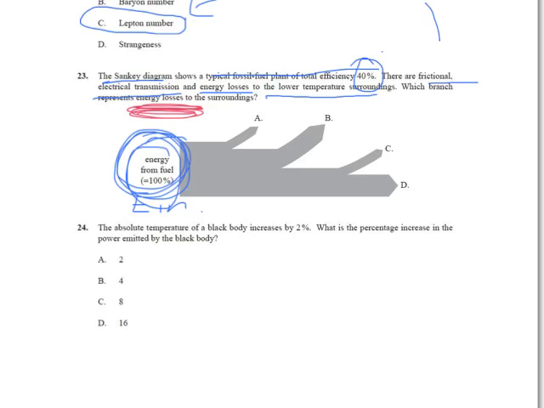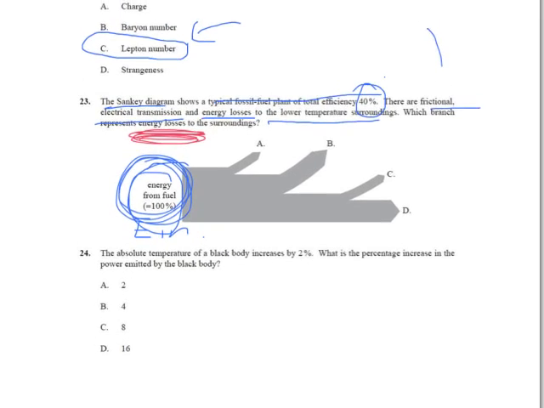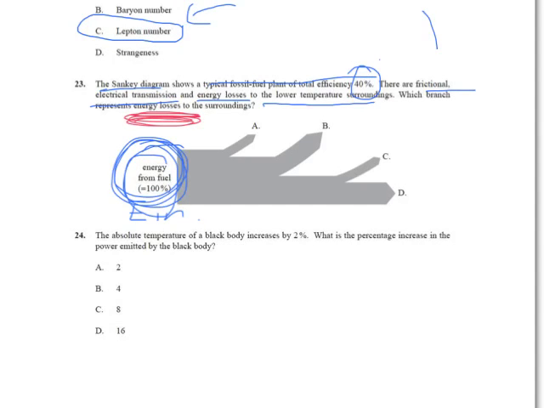Well, if we consider that 40% is the useful energy, that would be D. D would be the 40% which is useful, and then we're left with these remaining 60%.